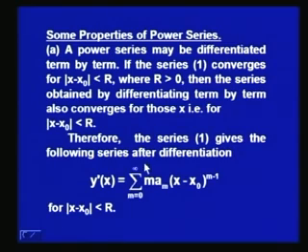And you can see that when you differentiate the series given by 1, you get the series sigma m equal to 0 to infinity m a(m) times x minus x naught to the power m minus 1, which is y dash x, and this series converges for mod of x minus x naught less than r, the region of convergence of the original power series.